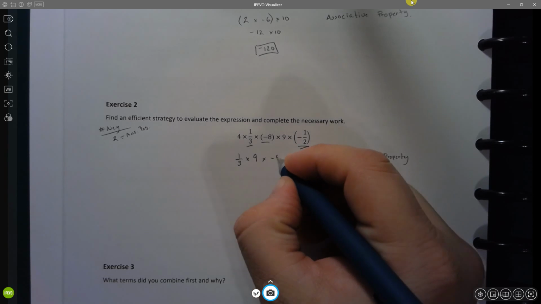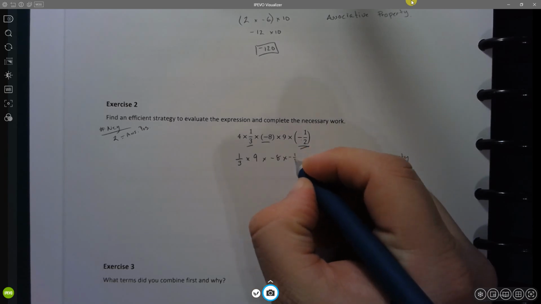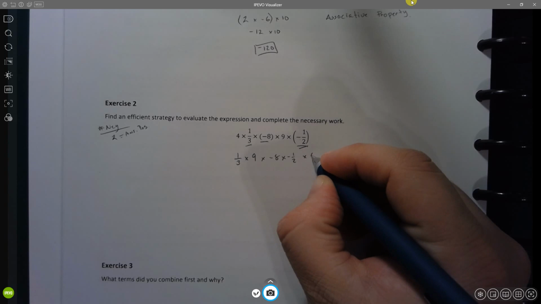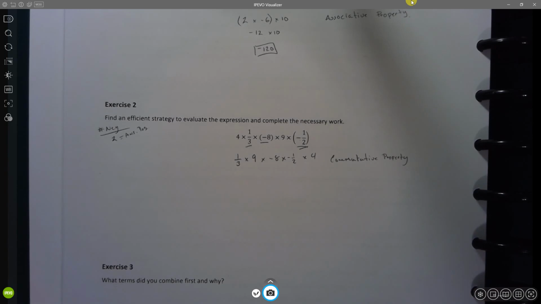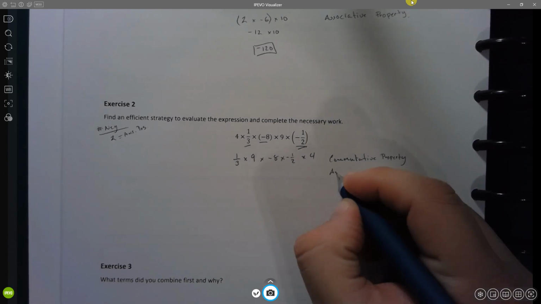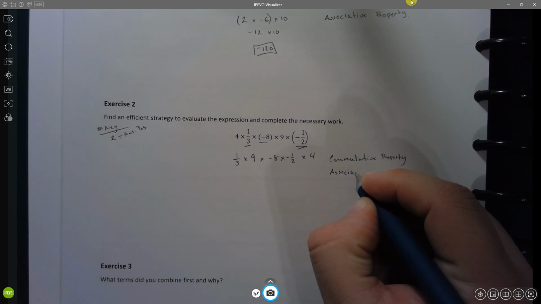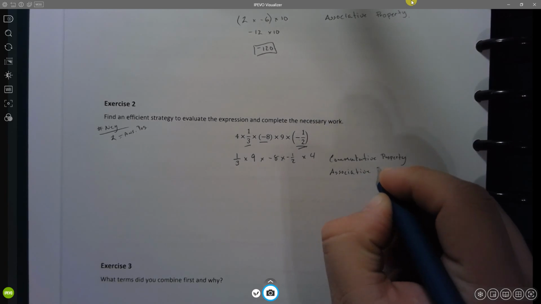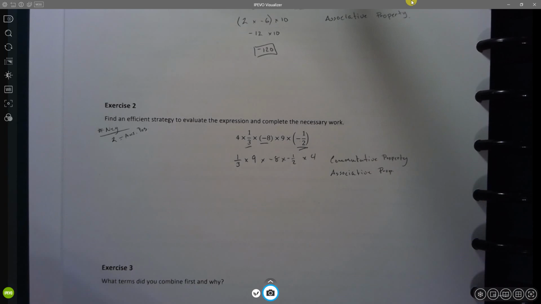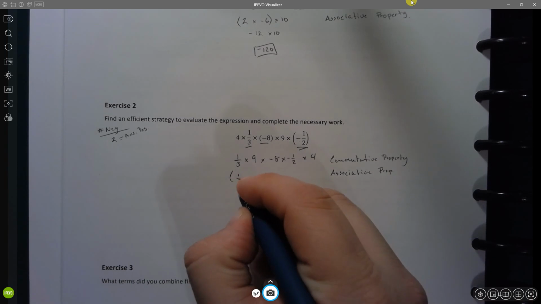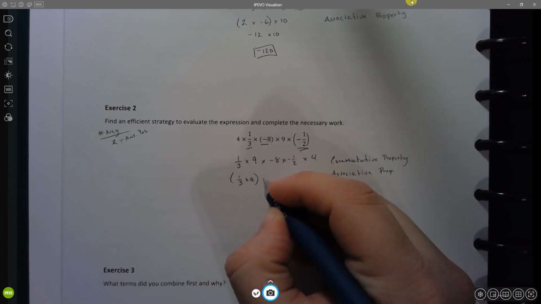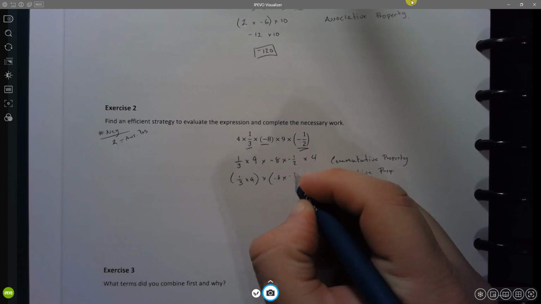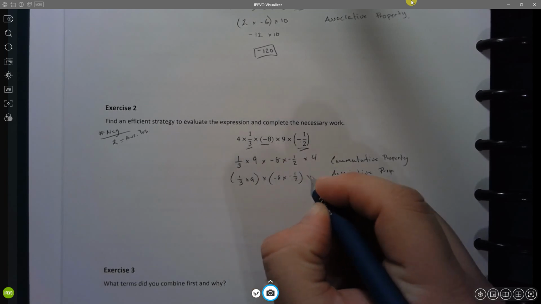So -8 times a -1/2 times 4. Now the associative property will allow me to group what I want to multiply: 1/3 times 9 times a -8 times a -1/2 times 4.